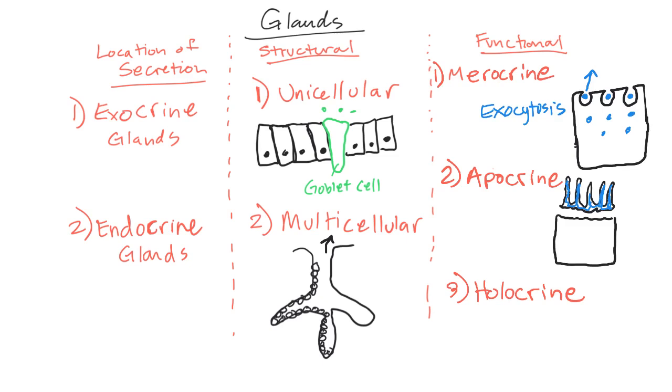Okay, and so then it may mature, then part of the cell will regrow, form more membrane, and then release more. But a part of the cell is actually released.